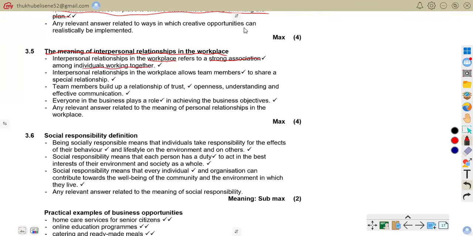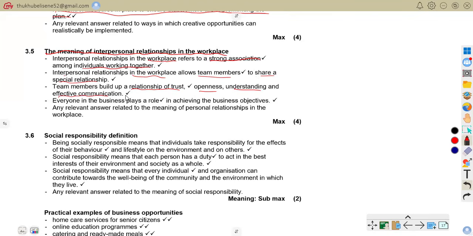So it means you're talking about a healthy relationship amongst individuals. Interpersonal relationships in the workplace allow team members to share a special relationship, so they work together towards one common goal. Team members build relationships of trust, openness, understanding, and effective communication.